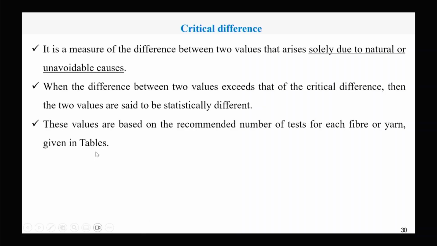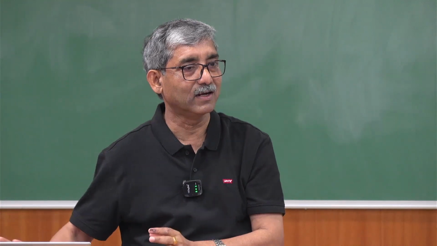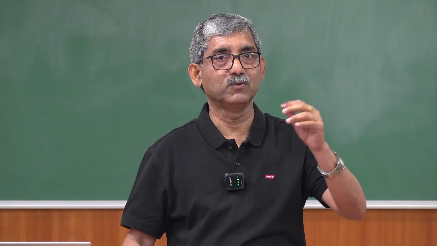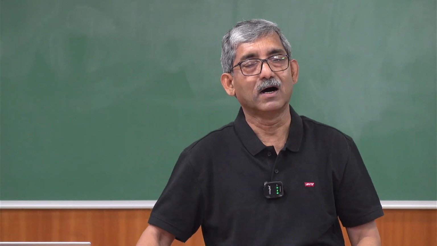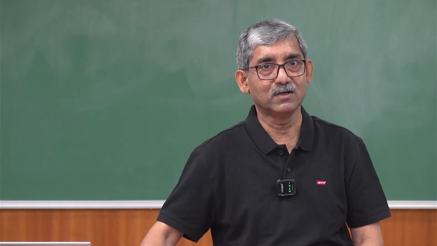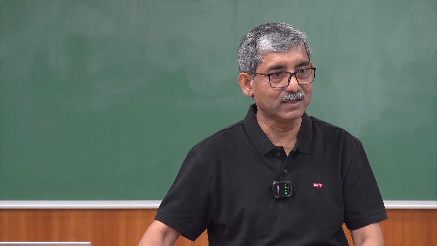When the difference between the two values exceeds this limit, we call it statistically different. It's a very quick method, used mainly for cotton fiber in industry, though it can be used for some other parameters also.